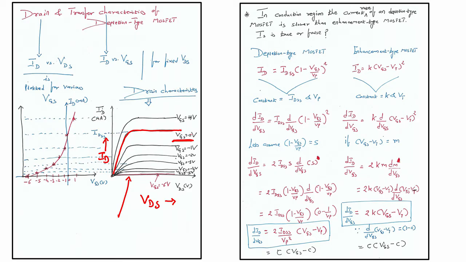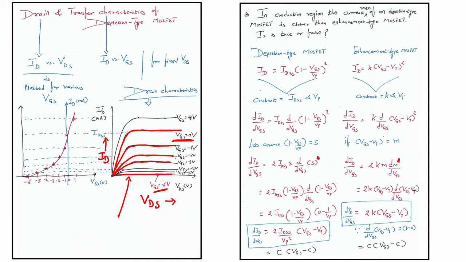So, if I have a VGS less than 0 volt, my current will start decreasing. You can see the saturation IDSS is reached early, and at VGS equals minus 6 volt, the current is almost gone. But what if I increase VGS greater than 0 volt?